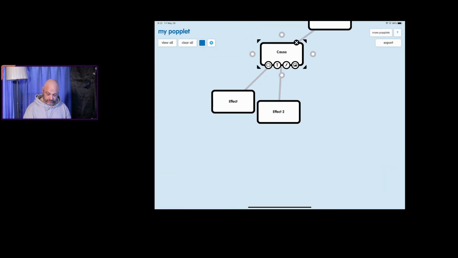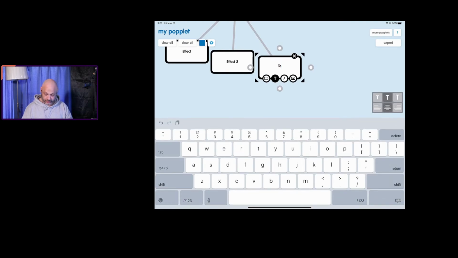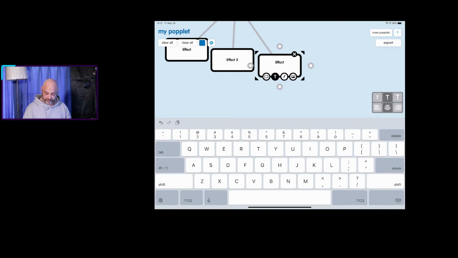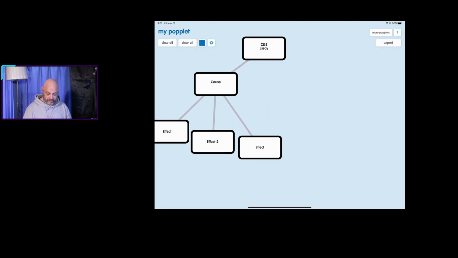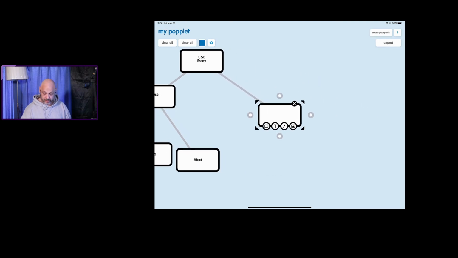Effect 2. Effect 3, right? Or you're going to end up with, let's not connect that. Right? All right.